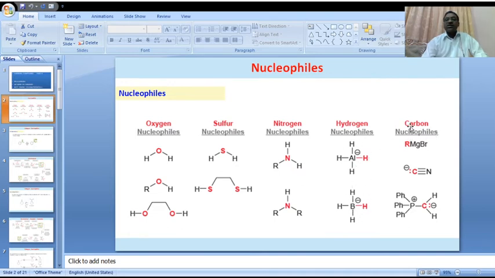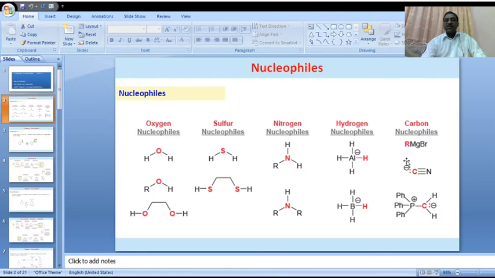Next, the last one, carbon nucleophiles. In the last slide, we have already discussed RMgX, the Grignard reagent, an alkyl magnesium halide. Is it clear? Cyanide is also one of the suitable examples of a carbon nucleophile.